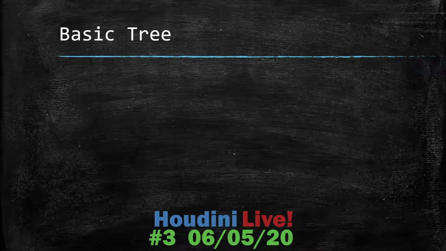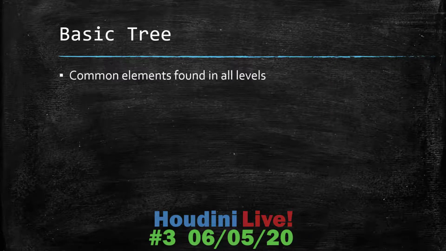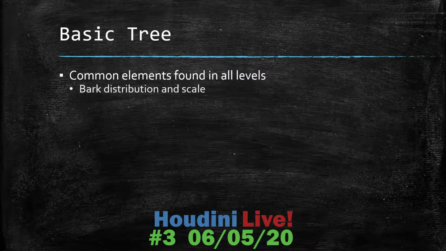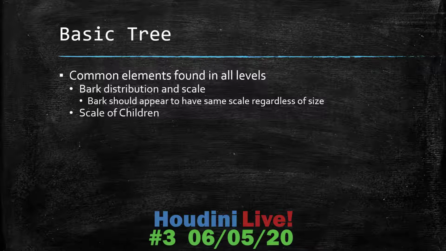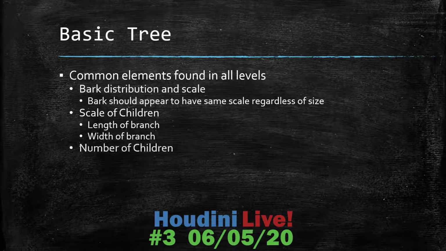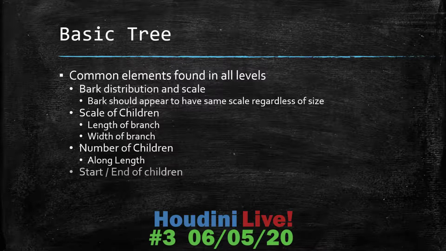All right. So what we're going to do with a basic tree here is we've got common elements found at many levels. You've got bark distribution and scale. Bark should appear to have the same scale regardless of size. You've got the scale and number of children. That means the length of the branch, the width of the branch, the number of children along the length, the start and end of the children. That means they don't start as soon as the branch starts.